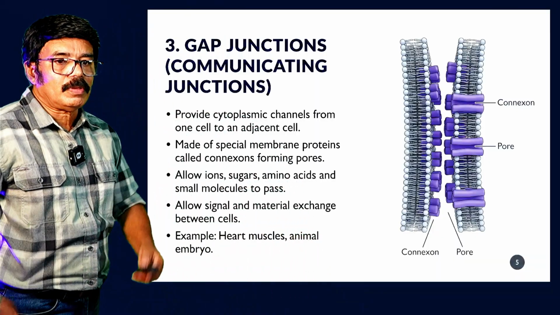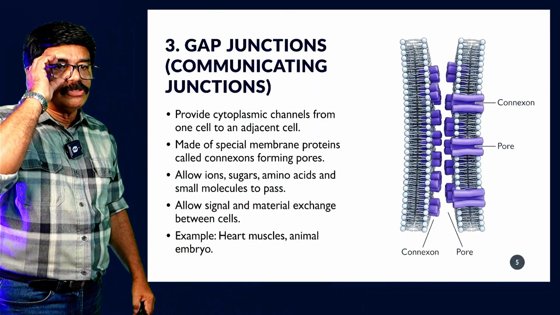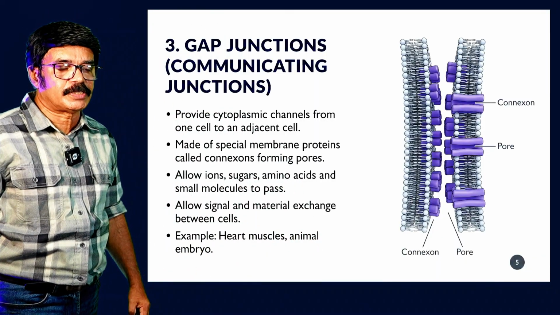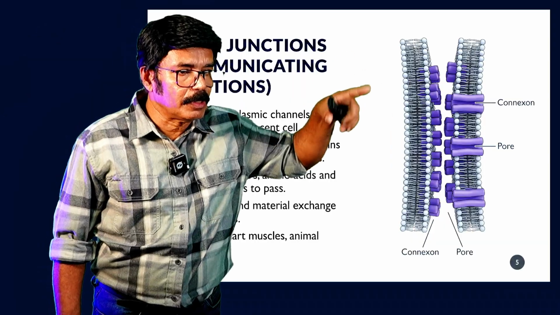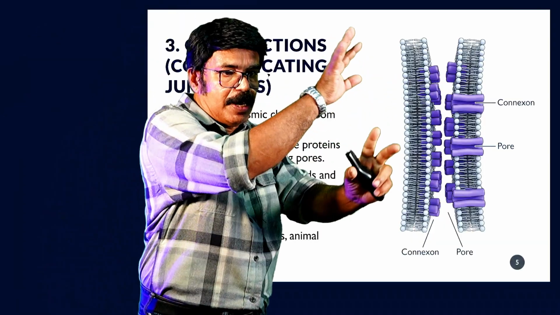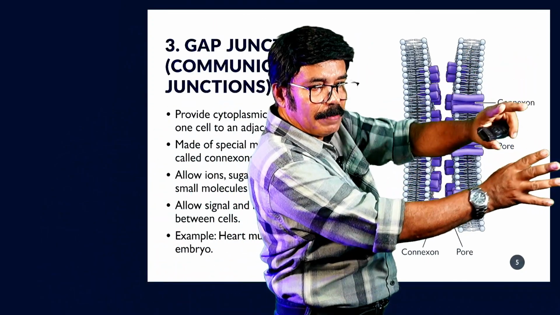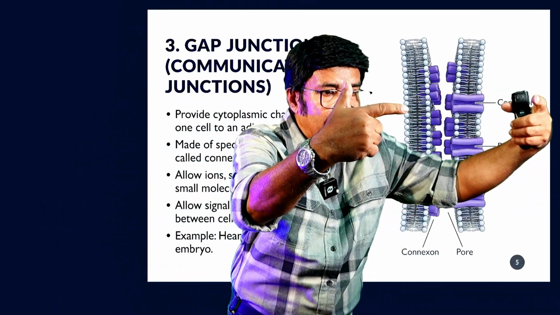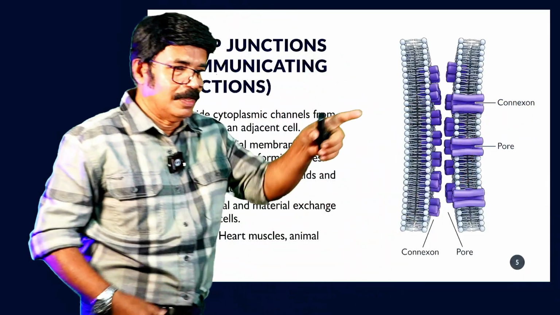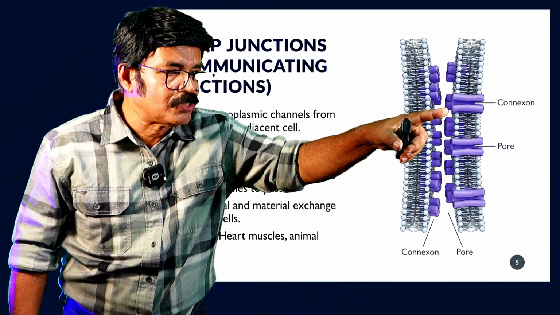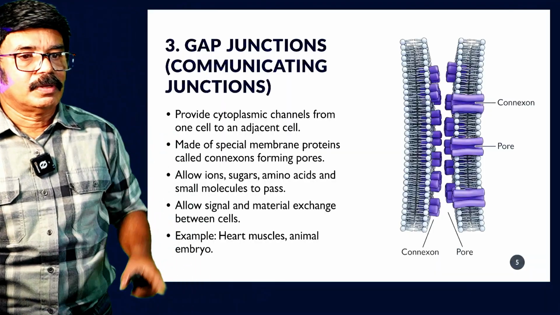Gap junctions provide cytoplasmic channels from one cell to the adjacent cell. Here you find cytoplasm, and here the cytoplasm of the neighboring cell. Strands of cytoplasm go through these very tiny passages, canals.